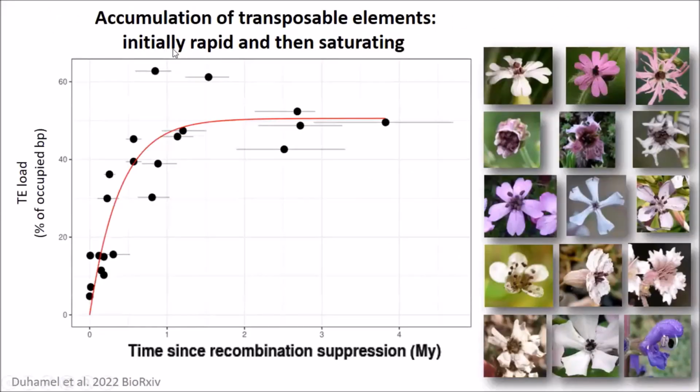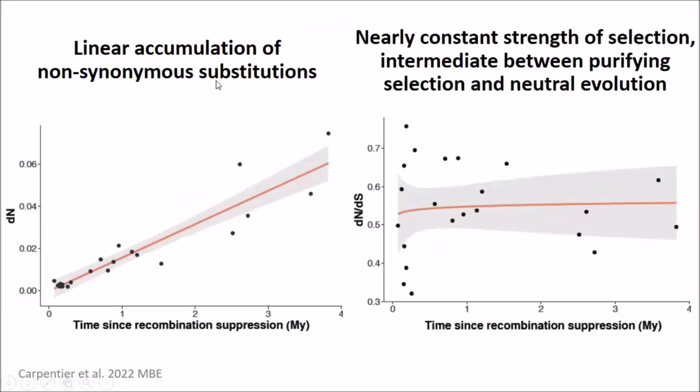We also looked at the accumulation of non-synonymous substitutions. So we looked at the difference in non-synonymous substitutions with time since recombination suppression between the two mating type chromosomes. And it seems like they really accumulate linearly with time.